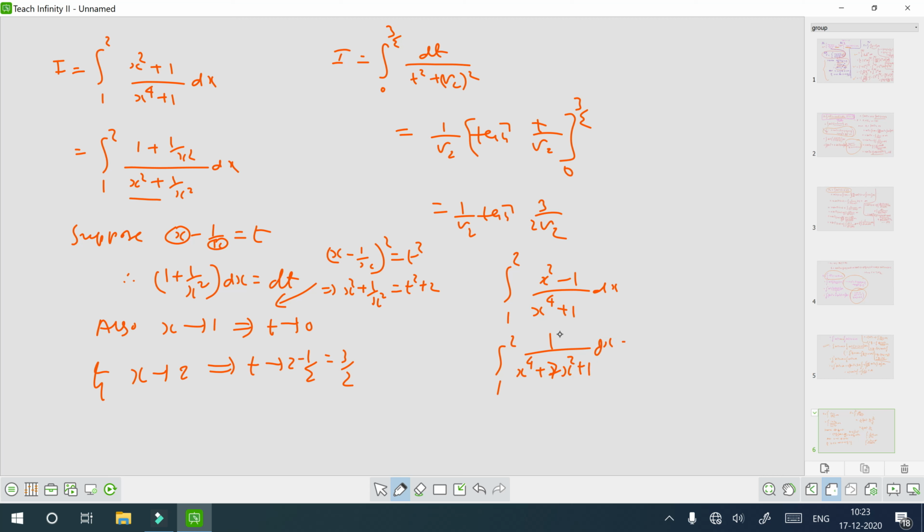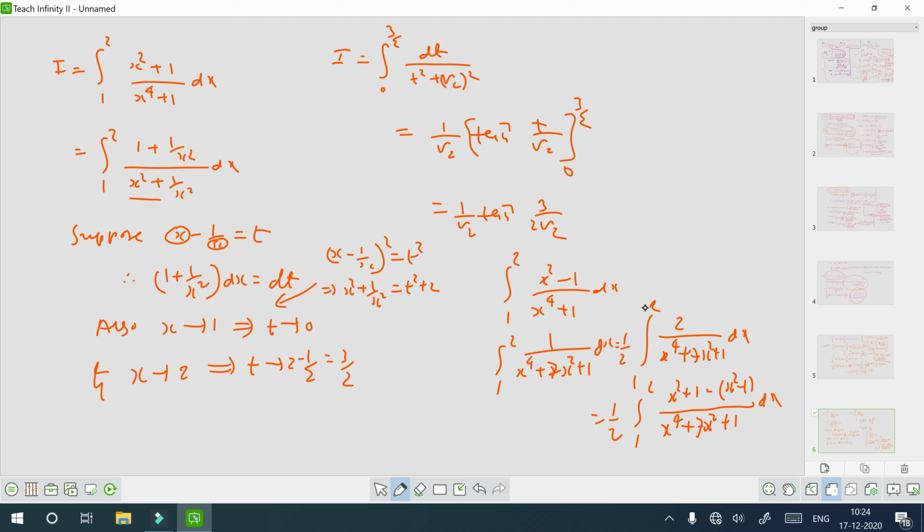First, you know what to do: multiply and divide by 1/2. That is equal to 1/2 integral 1 to 2 of 2 over x raised to 4 plus 7x square plus 1 dx. So 1/2 integral 1 to 2 of x square plus 1 minus x square minus 1 upon x raised to 4 plus 7x square plus 1 into dx.